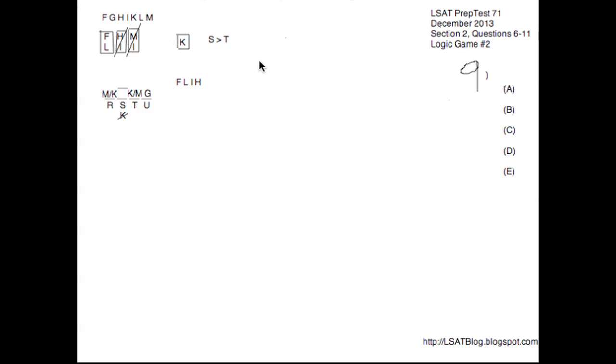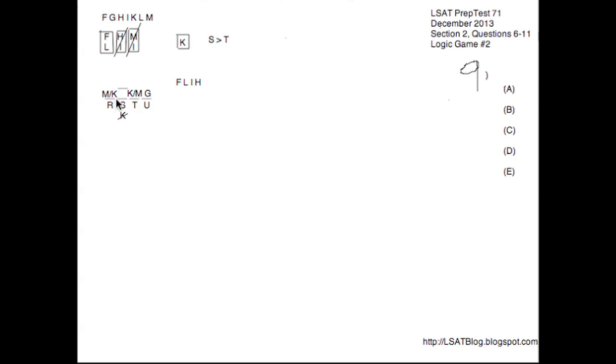Next, number 9. If M goes alone, what must be true? So you see I've drawn here basically M and K end up being interchangeable on R and T, since R and T are the only places that anyone could possibly be alone in this game.